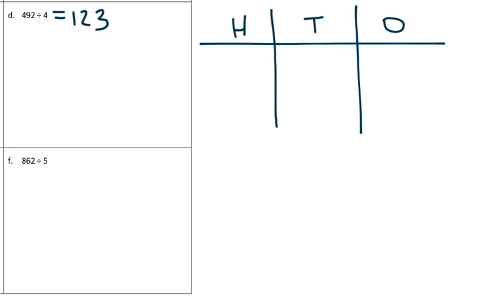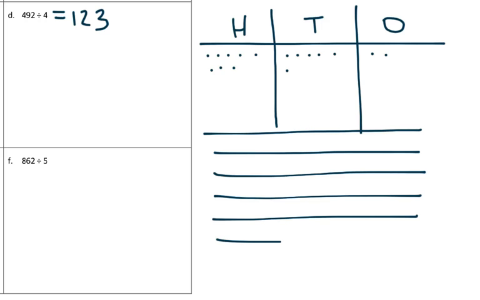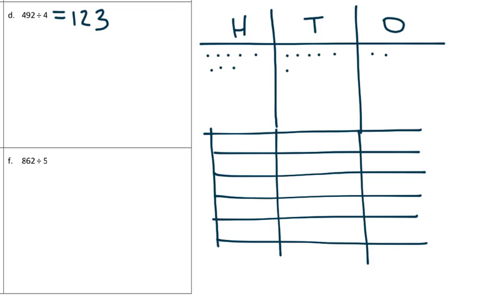We have 800s, 1, 2, 3, 4, 5, 6, 7, 8, 6 tens, and 2 ones, and we're going to make 5 rows. 1, 2, 3, 4, and 1 more. So 1, 2, 3, 4, 5.